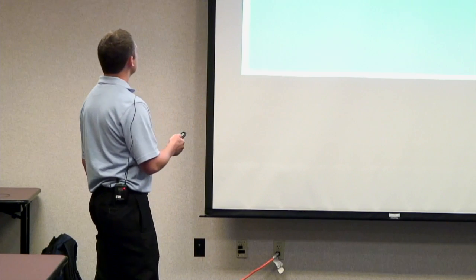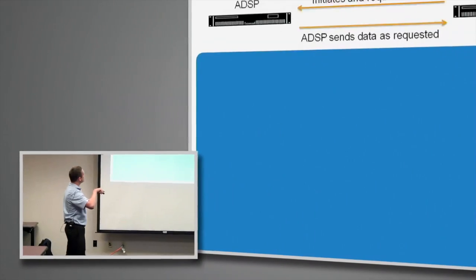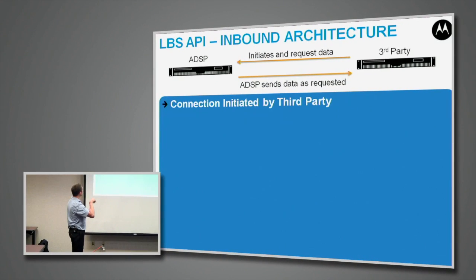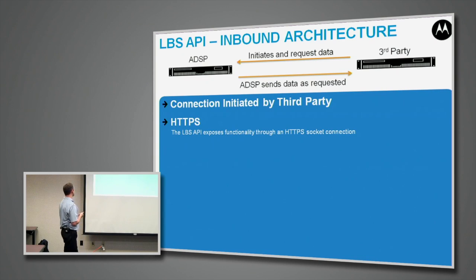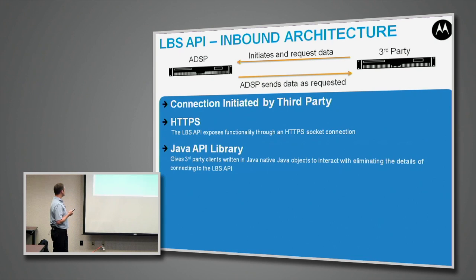We call them two implementations of the same API. The original implementation required the third-party system to initiate a connection to ADSP and request information from the system. It is an HTTPS socket connection.